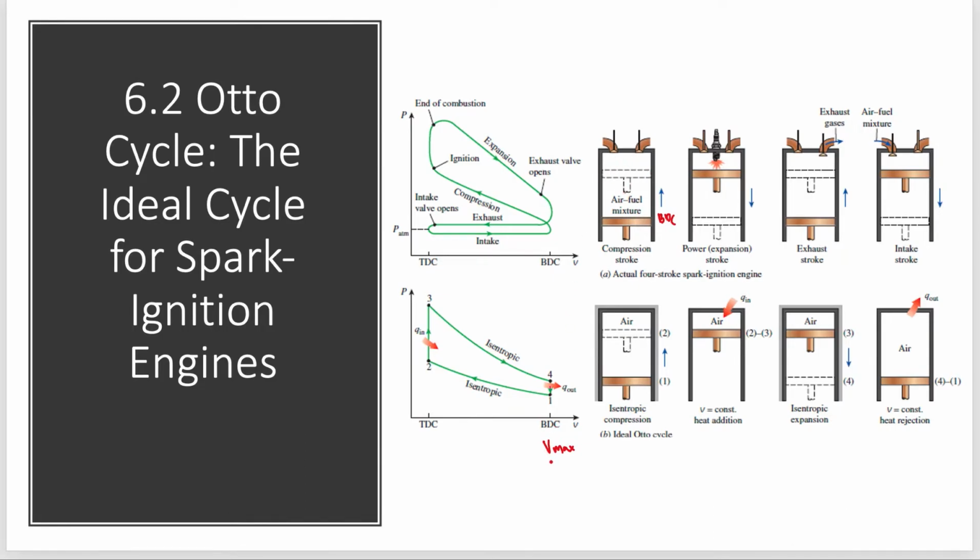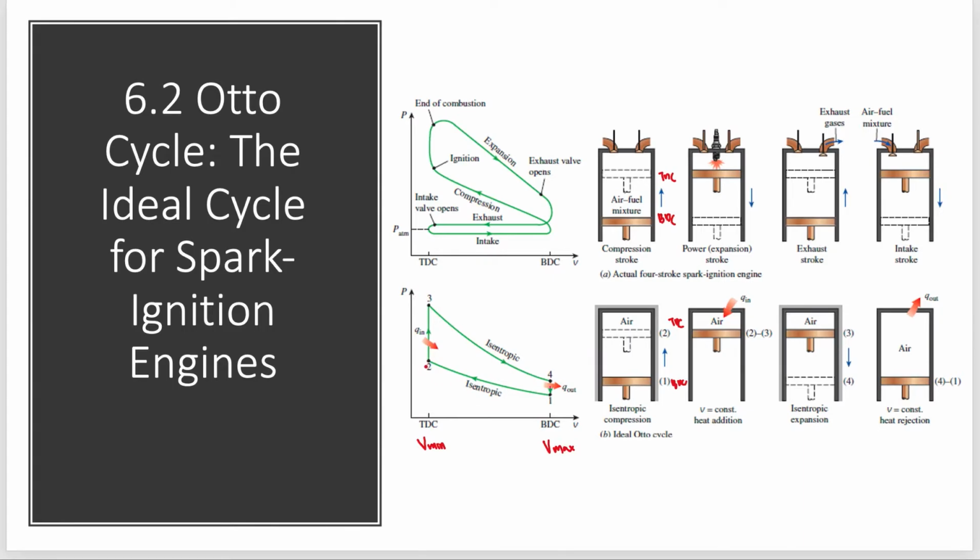Then the piston moves from state 1 to state 2, from BDC to TDC, which means moving from V maximum to V minimum. This process is called isentropic compression.